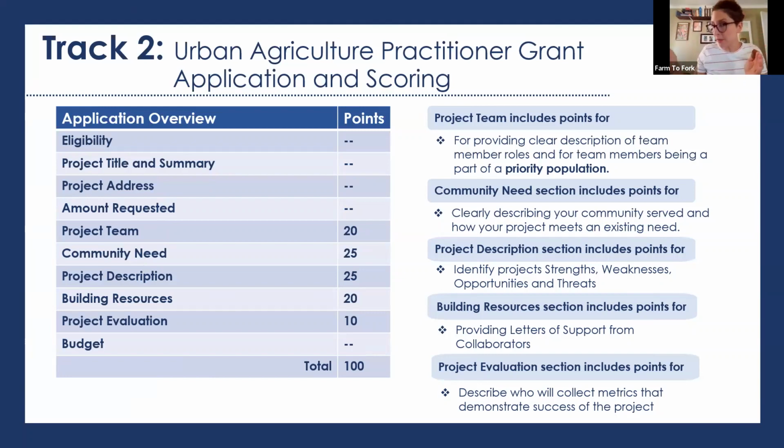So there are points available for folks who clearly describe the role of their team members and show how those roles are helping meet the objectives of your project. Then there are additional points you would get if those team members are also a part of the priority population. So if they are not a part of the priority population, then those points would not be accessible. Okay, thank you. You're welcome.